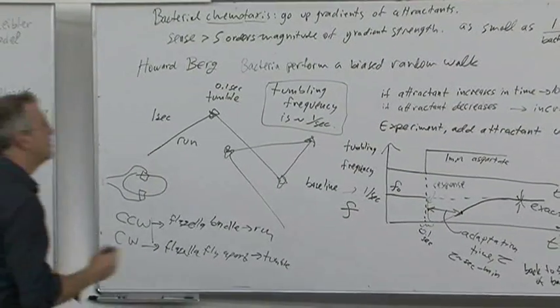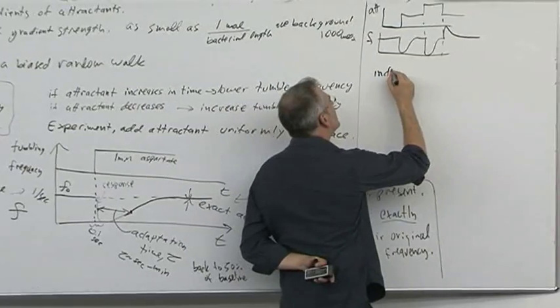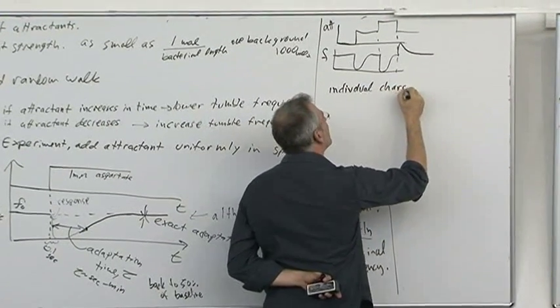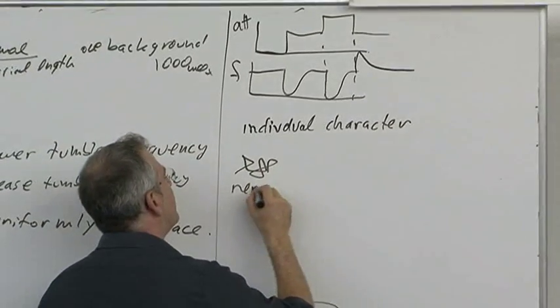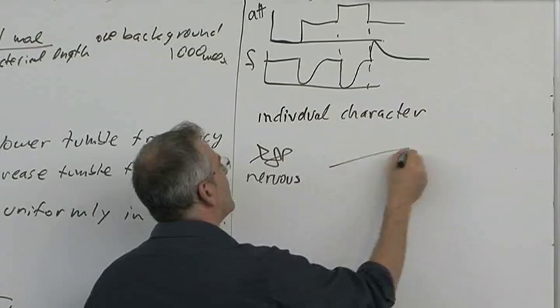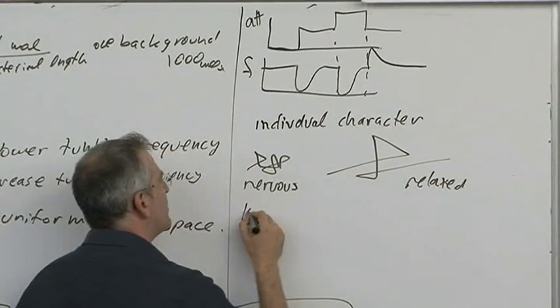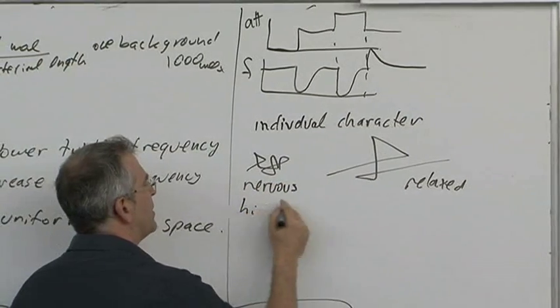I want to tell you about the individuality. When you look in the microscope at these bacteria, you see that bacteria have individual character. Some are nervous. Some are relaxed. The nervous ones have high baseline tumbling frequency.